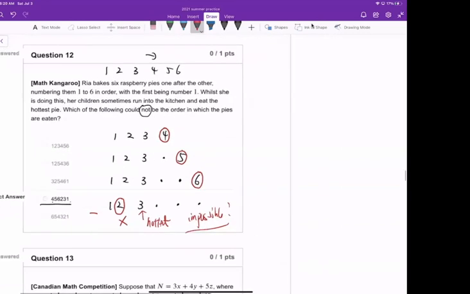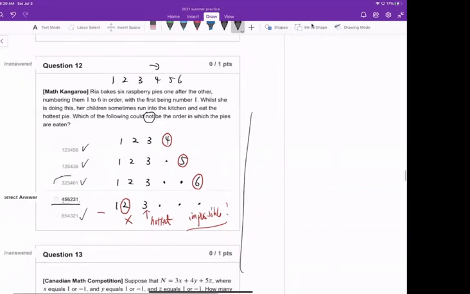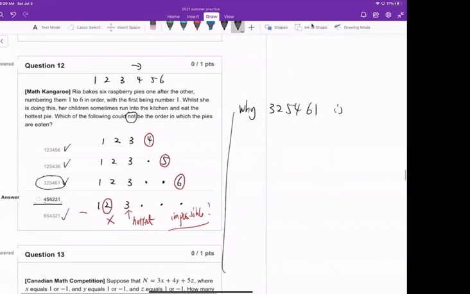Now, for the others, this is fine, this is fine, this is fine. Now let's pick one of them to demonstrate why it's fine. Let's look at this one: 3, 2, 5, 4, 6, 1. Why is this one okay?